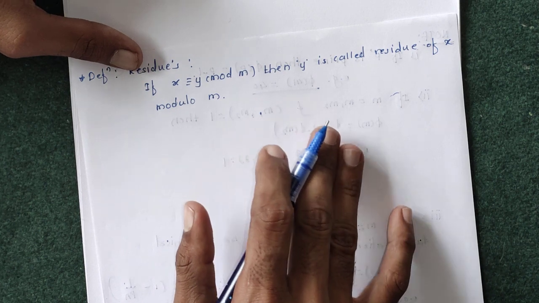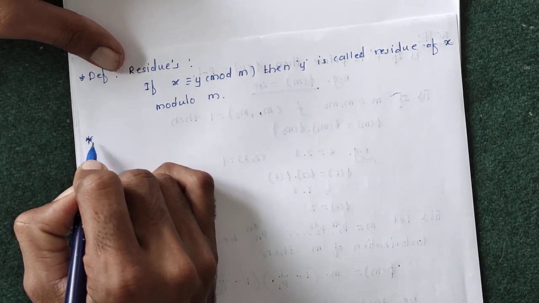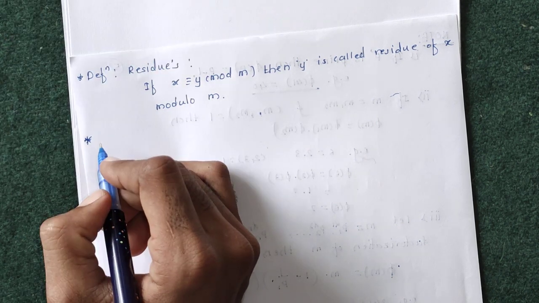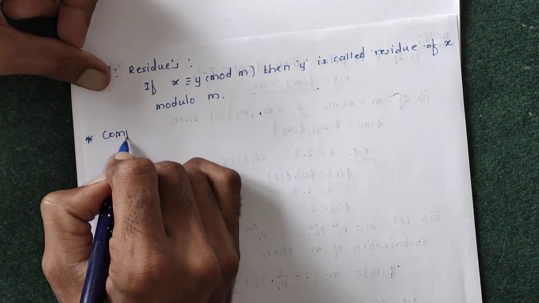So, the next definition is complete residue system.